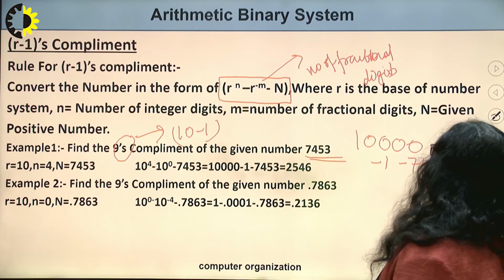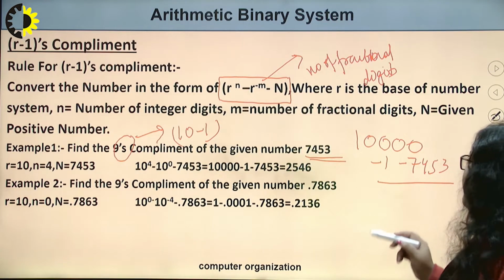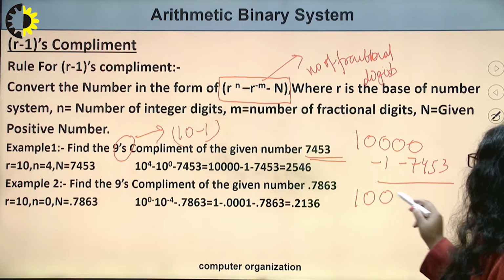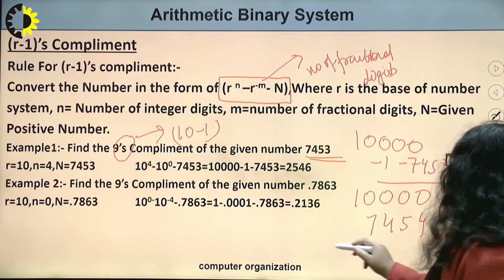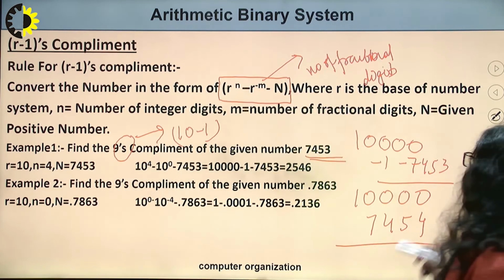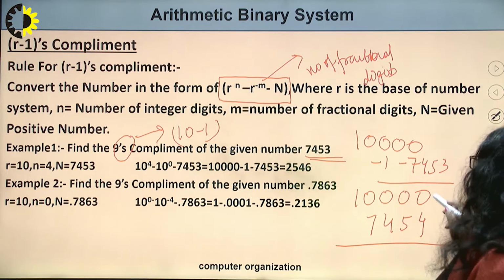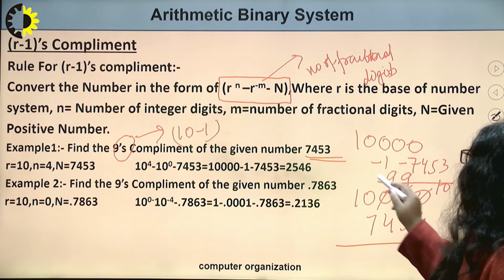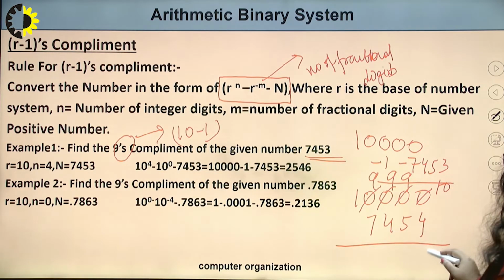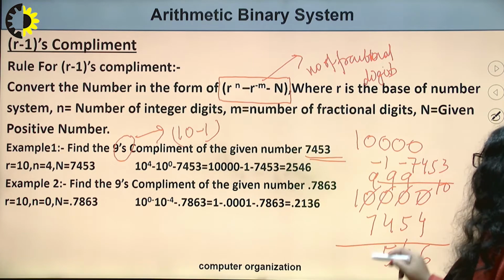First we add 1 to this number because both the numbers are negative, so it is 7454. Now we subtract this number from 9999, that is 10 minus 1 in each digit: 9 minus 4 is 5, and so on. Working digit by digit, 9 minus 4 is 5, 9 minus 5 is 4, 9 minus 4 is 5, 9 minus 7 is 2.